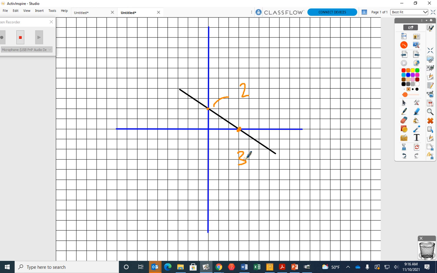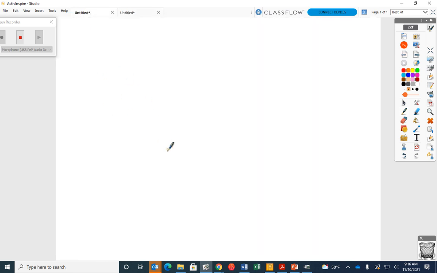So what we're going to do today is graph using the x-intercept and the y-intercept. This is actually really easy once you get the hang of it. All right, so let's go ahead and start this.